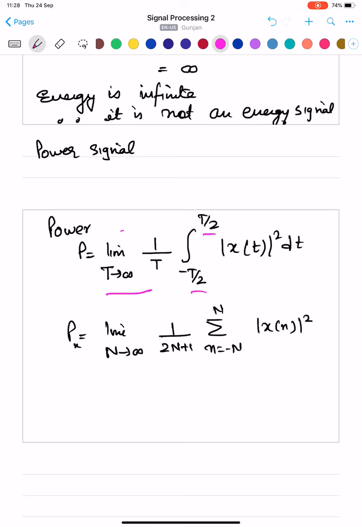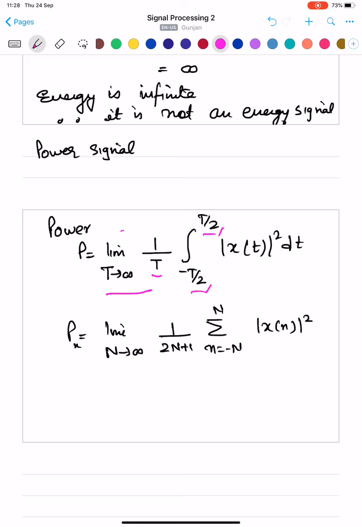Another thing which I need to tell you is that instead of minus T by 2 to T by 2, you can use minus T to T, then in place of this you have to write 2T.